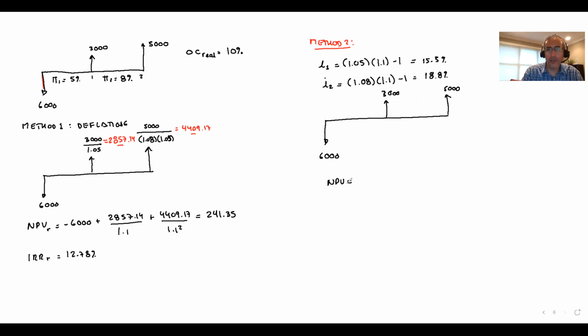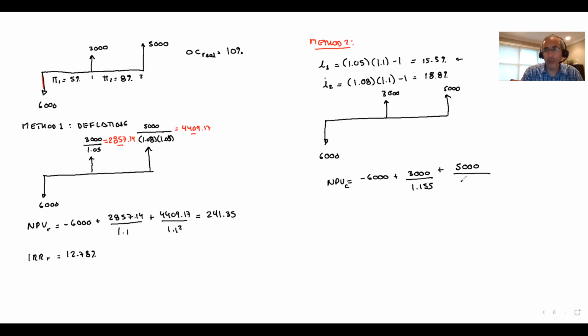Net present value is going to be current or nominal. It is going to be equal to minus 6,000 plus 3,000 divided by 1.155. So this rate here is the rate for period 1, plus 5,000 divided by, I need to update 1 and 2.